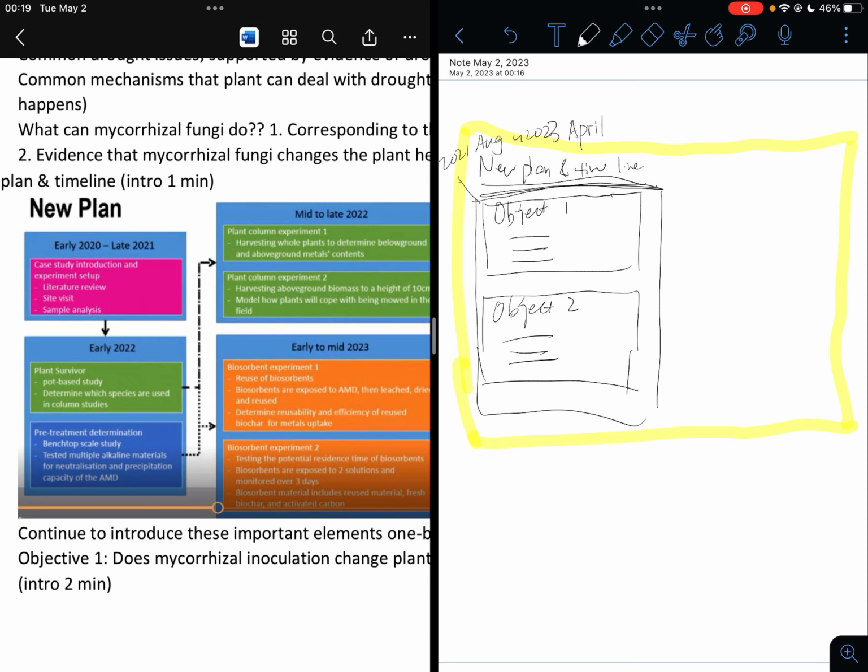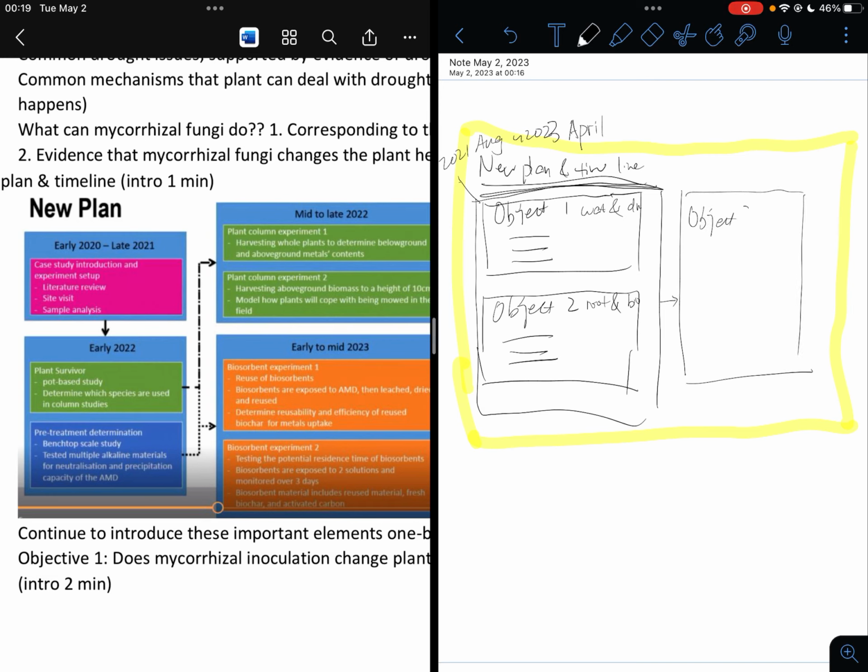The first one is about plant water use and drought stress, and the second one is root morphology and biomass. And then after it, we can just come up with objective 3, right?